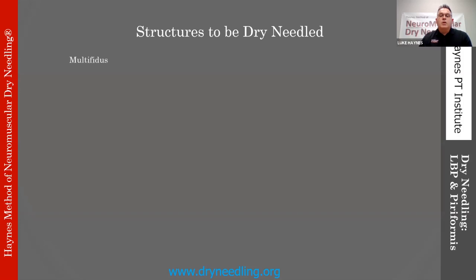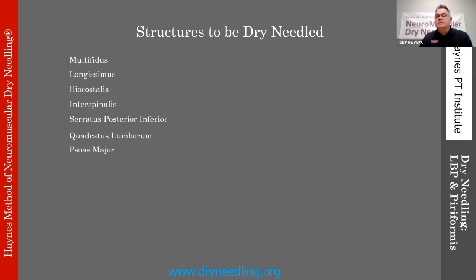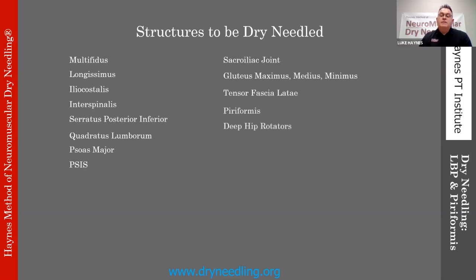So the structures we'll be looking at needling: the multifidus, the longissimus, the iliocostalis, the interspinalis, the serratus posterior inferior, quadratus lumborum, the psoas major, the PSIS itself, the sacroiliac joint, gluteus maximus, medius, minimus, the TFL, the piriformis, the deep hip rotators, the cluneal nerves, and then the latissimus dorsi and the internal and external obliques and the transversus abdominis.